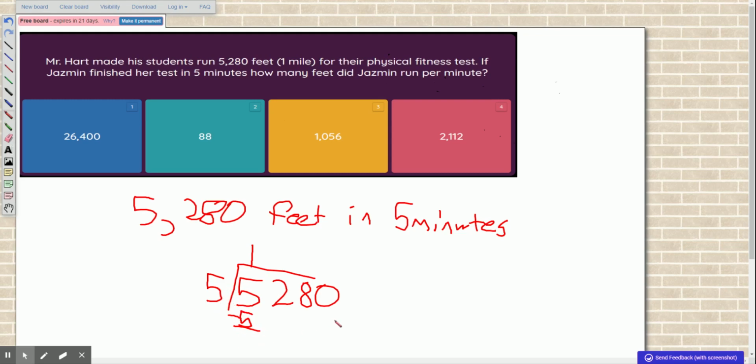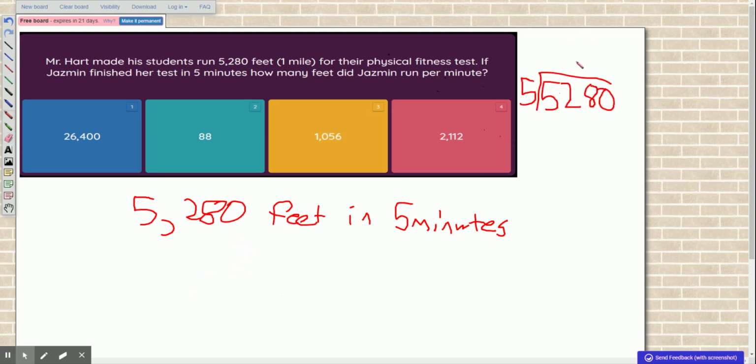Subtract that. Again, I'm going to run out of room. Okay, we're going to do it up here. 5 divided by 5 is 1. 5 times 1 is 5. 5 minus 5 is 0. Bring down my 2.